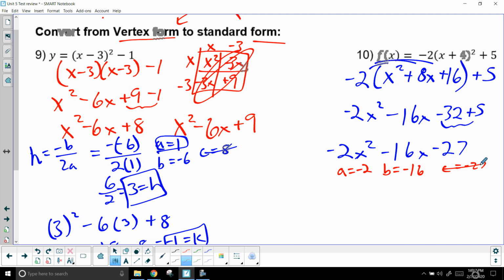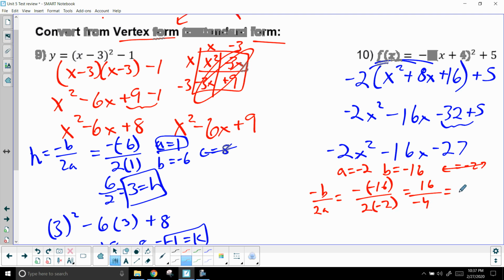Negative b over 2a. So negative 16 over 2 times negative 2. So positive 16 on top. Two negatives make a positive. 2 times negative 2 is negative 4. 16 divided by negative 4 is negative 4. And that's our h. So far, so good.